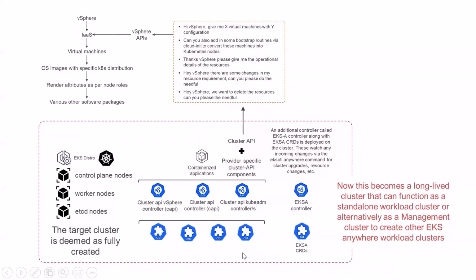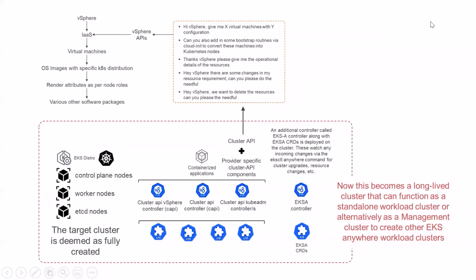So the entire set of CRDs is now created for the new cluster. Cluster API will kick in, go back and talk to vSphere. Only thing is, it will not make changes on this cluster. It will provision the virtual machines, but as a new cluster coming up: etcd nodes, control plane nodes, worker nodes, all that, a new cluster.